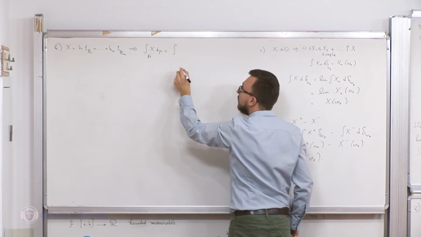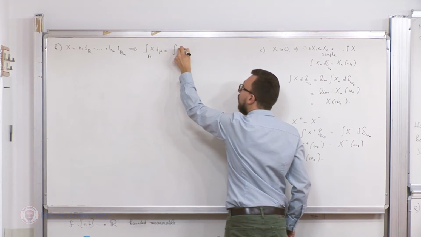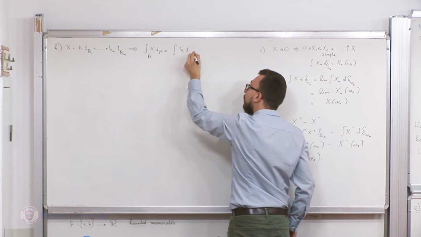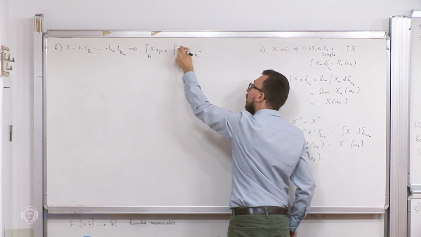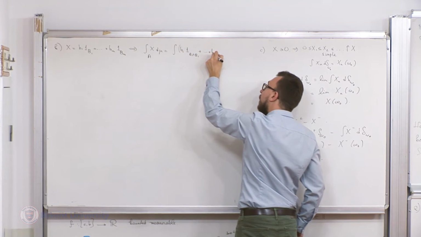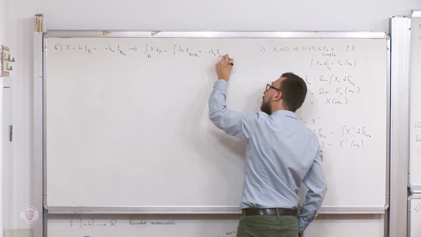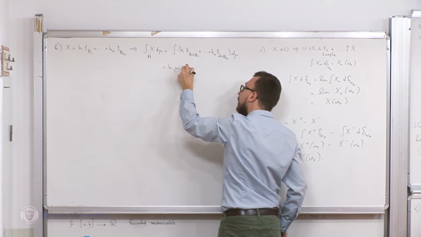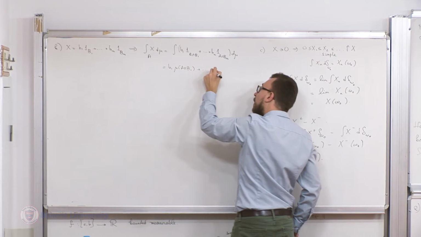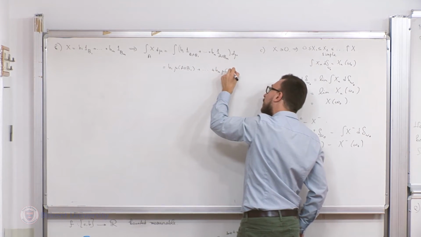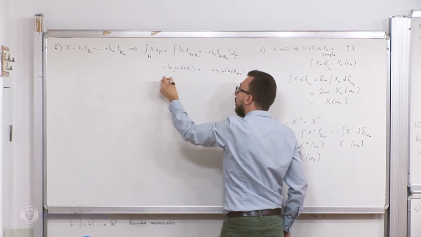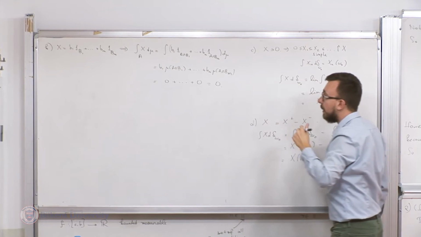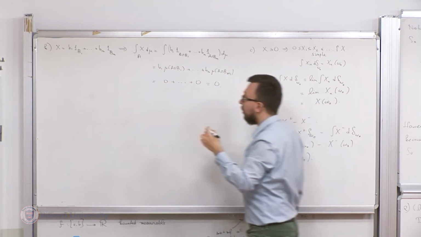Well, you can write it as b1 indicator of A intersection B1, up to bm indicator of A intersection Bm, and this is going to give you b1 μ(A intersection B1), up to bm μ(A intersection Bm). Therefore, these are all zeros. So again, the integral is 0.